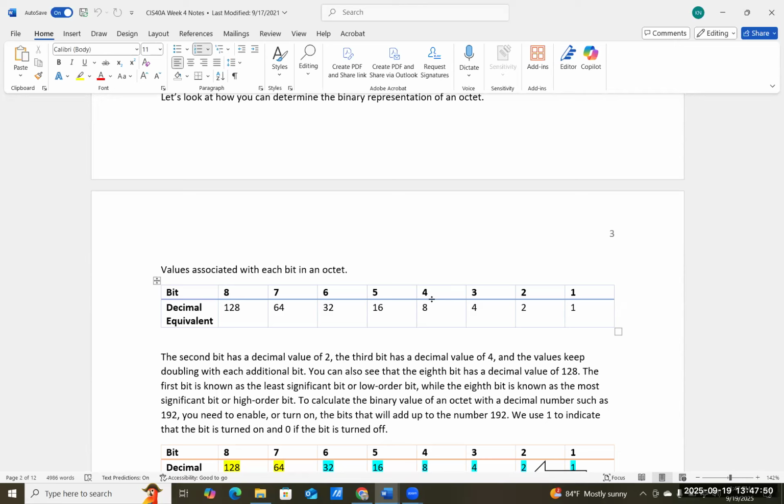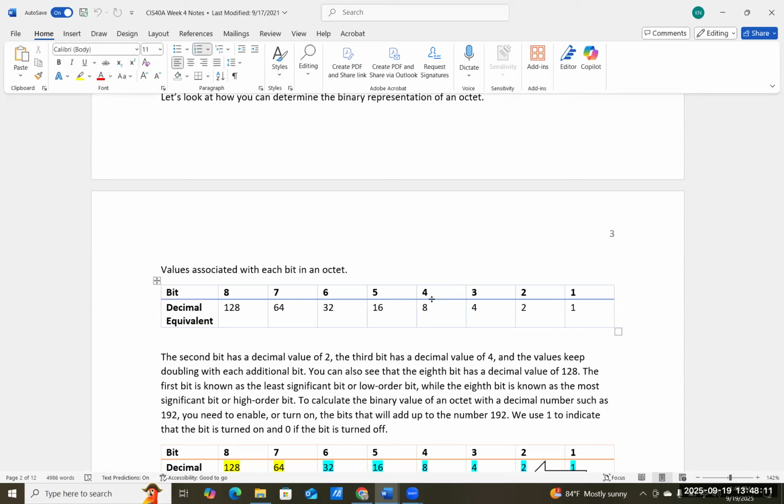So if I'm looking at a byte, because this is base 2, the equivalent of the first bit in decimal is going to be 1, because if you take 2 to the power of 0, that's 1. Okay?